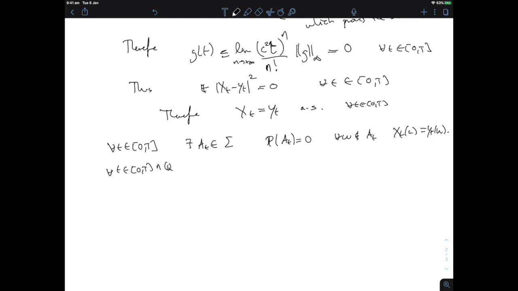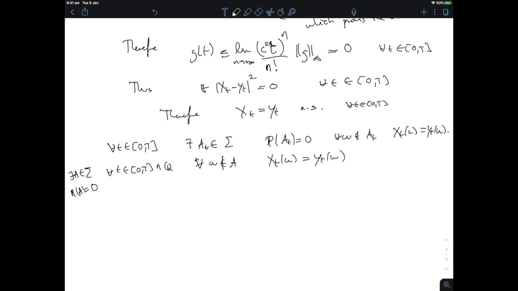But if I restrict my attention to the rationals, then I can find a set A with probability 0, which will be the union of all the A t, such that for every rational t and for every omega not in A, x t of omega is y t of omega.